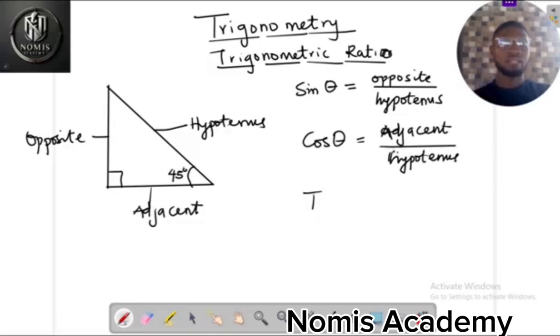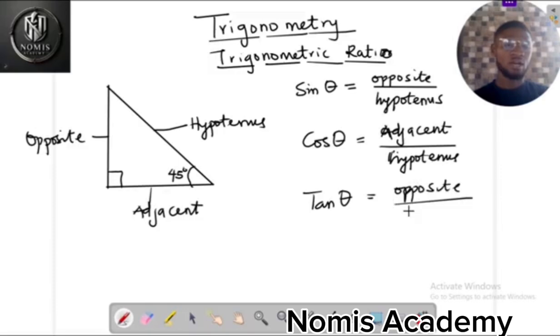While tan theta is equal to opposite all over adjacent.